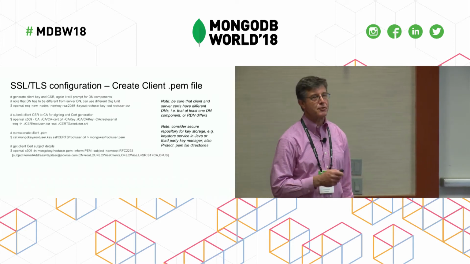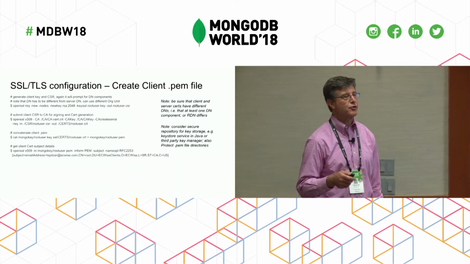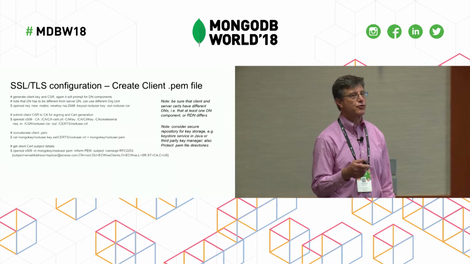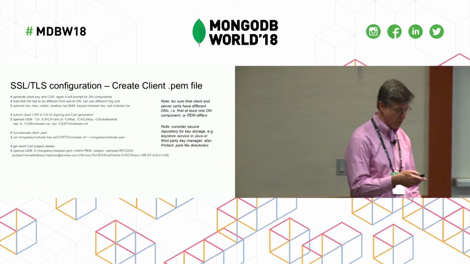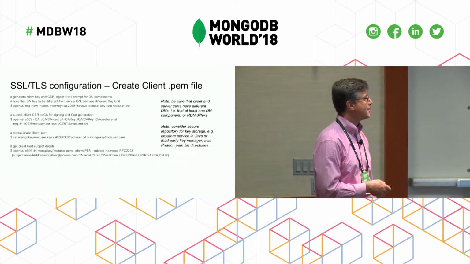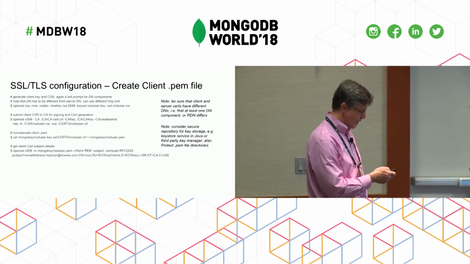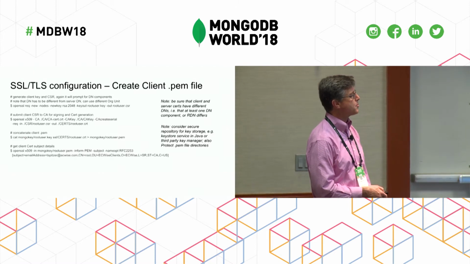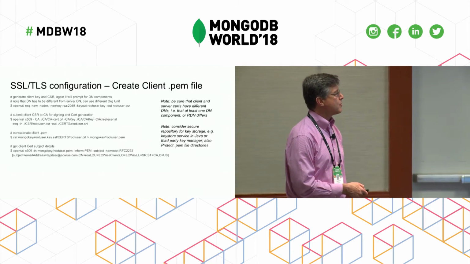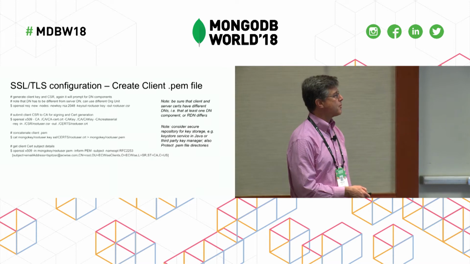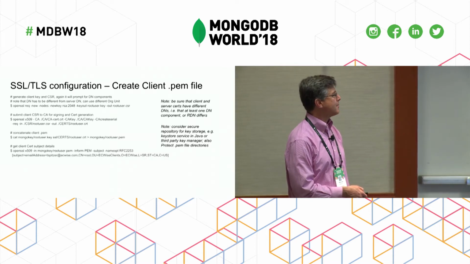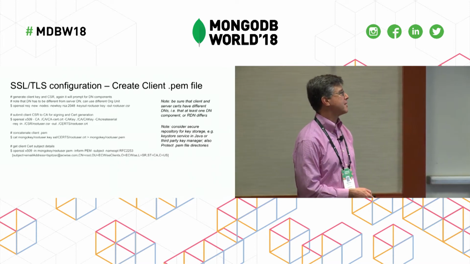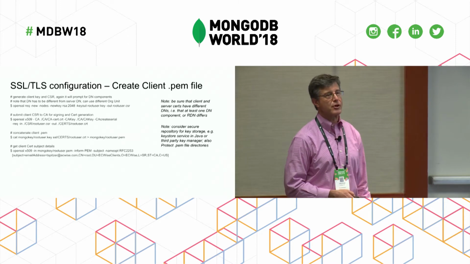I'm not going to walk through the client-side PEM. It's a subset. With the client-side PEM, we assume we already have the certificate authority in place, so we're good to go. The only thing I'd mention here is that OpenSSL has an -inform parameter. If you do an -inform on the PEM, it will give you back the distinguished name.